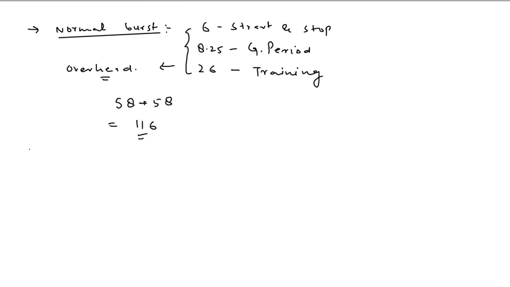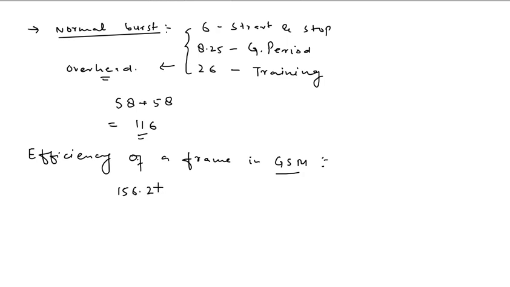So the efficiency of a frame in GSM is given by, we are transmitting 156.25 bits in one time slot, and a frame is constituted by 8 different time slots, so we have to multiply it by 8, and we will get 1250 bits. 1250 bits are transmitted per frame.